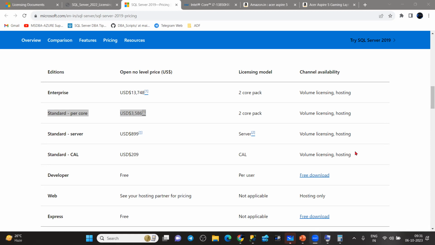How will Microsoft track this license? That is also a question mark in our mind. Whenever you install the product, there will be a 16-digit key, sir. Based on that key, Microsoft can audit how many instances, what the cores are, and everything about that license.